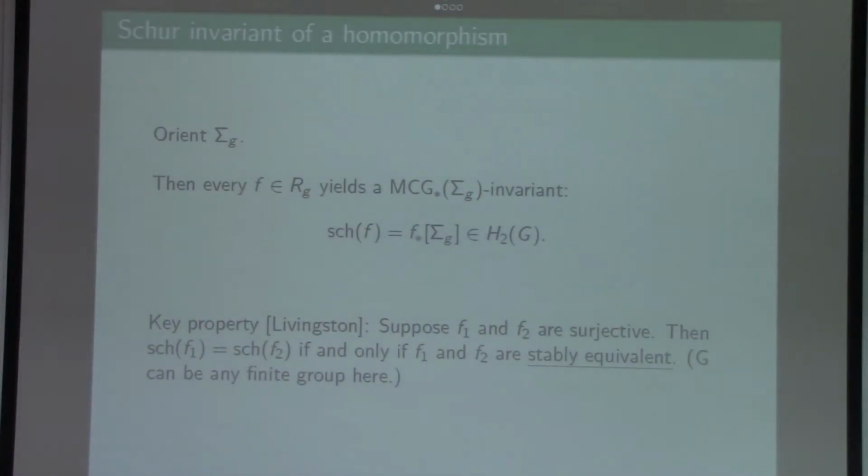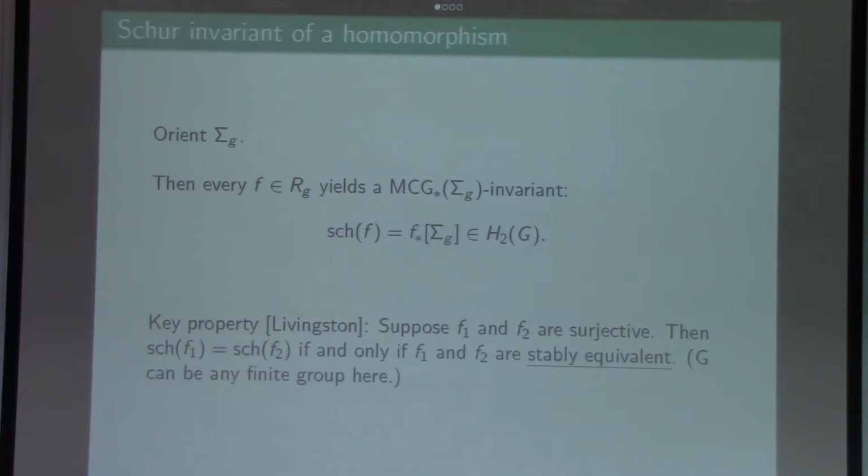If I have two homomorphisms, F1 and F2, both surjective, from some surface sigma g, then the values of the Schur invariants will be the same if and only if these homomorphisms are stably equivalent. Roughly, that means you can connect F1 and F2 with some homomorphism from some other surface that's trivial, and then the resulting maps from this bigger surface are equivalent under the mapping class group action. They're in the same orbit.